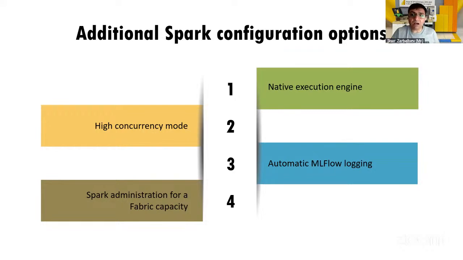At the end of the day, regardless of the runtime, environment, or configuration you choose, your goal is to write and execute Spark code that can ingest, transform, analyze, and manage data efficiently at scale. So now that we understand how Spark is configured in Microsoft Fabric, let's move on to the next slide and see how to run Spark code.